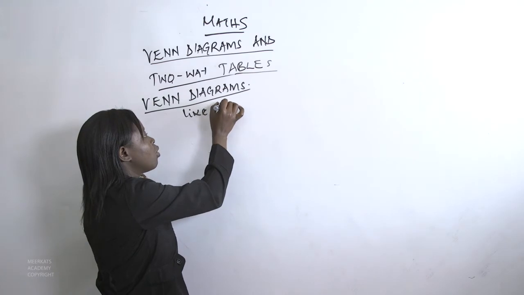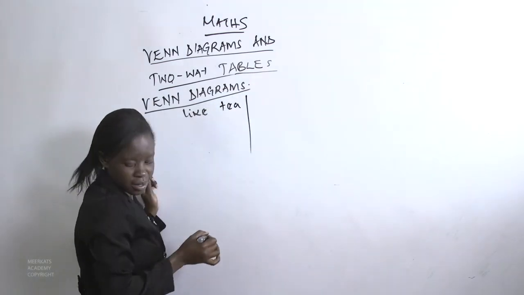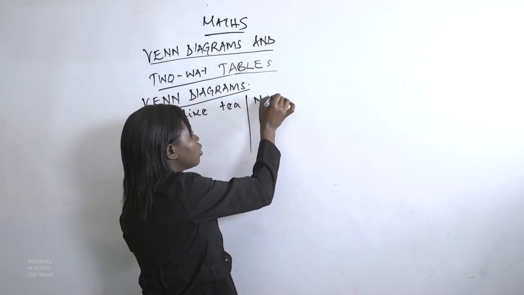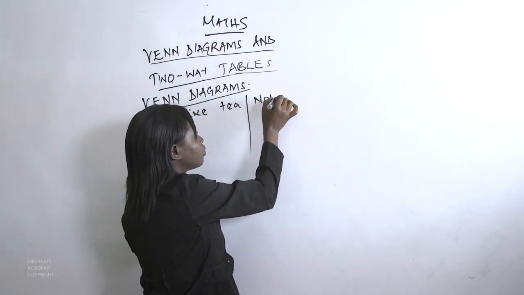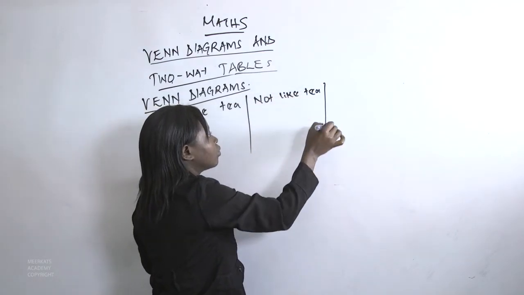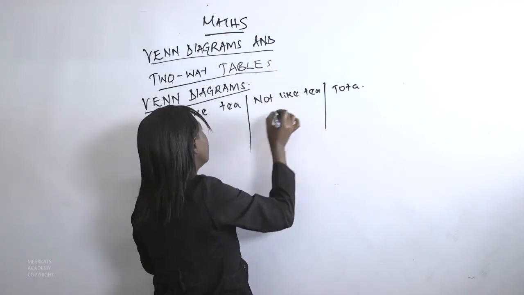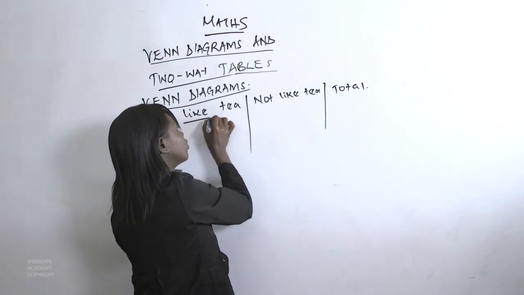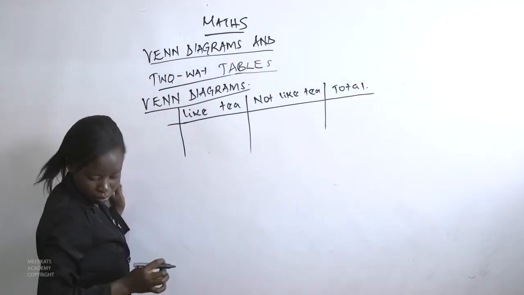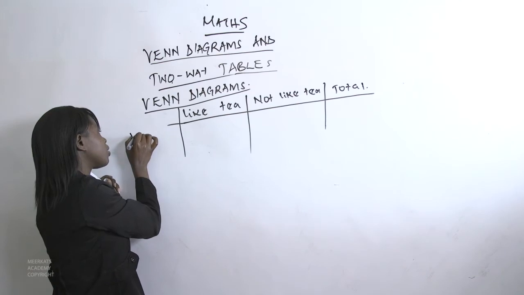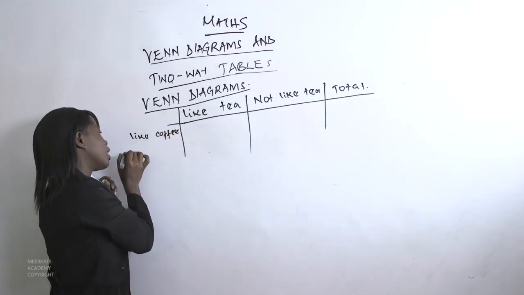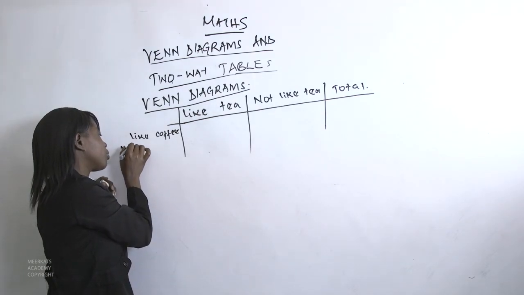So we have those people who like tea, then we have those ones who don't like tea. At the same time, we have those who like coffee and those who don't like coffee.